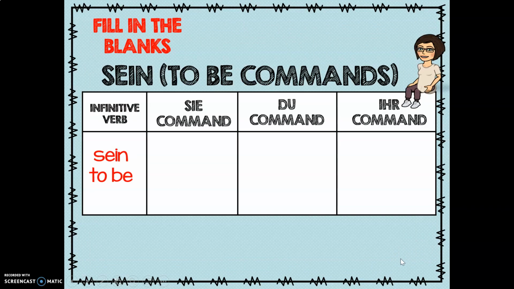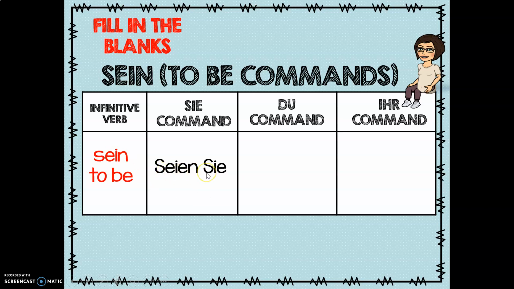There's one more command that's a little tricky, and these are to be commands, like be nice, be quiet, be good. These are be commands. And they're not hard, they're just a little tricky to spell sometimes. So the Sie command for the verb to be is seien Sie. Pay particular attention to how that's spelled.